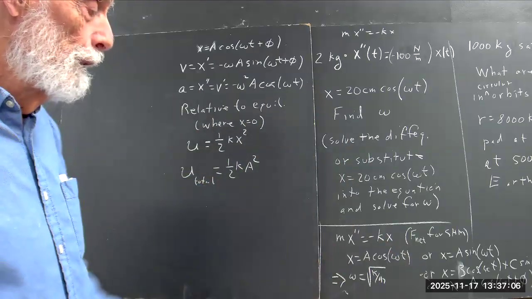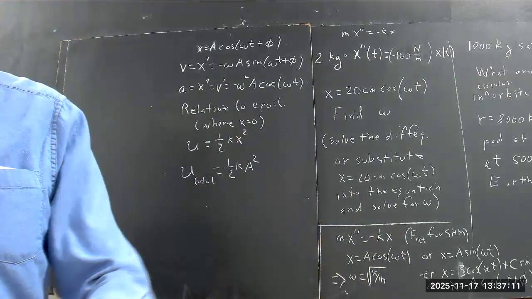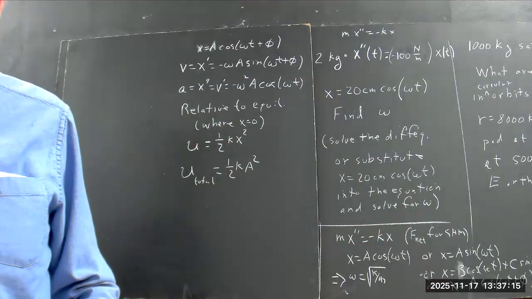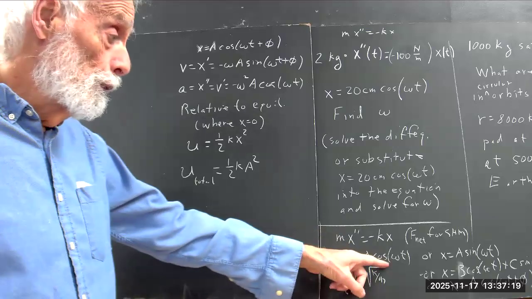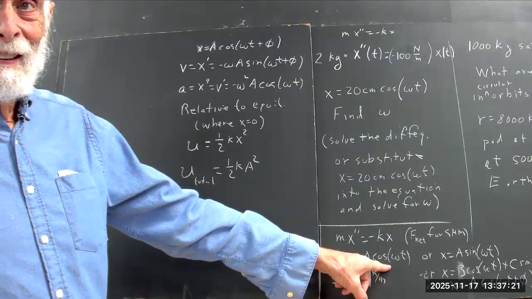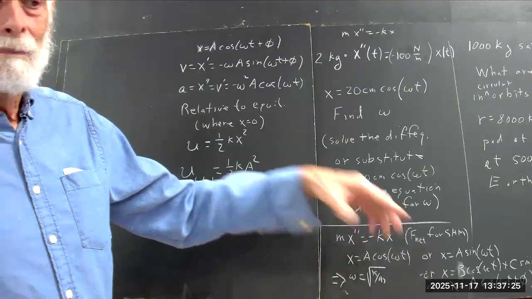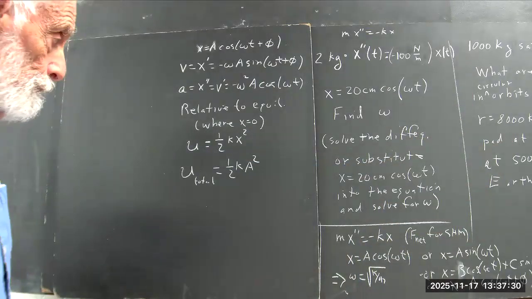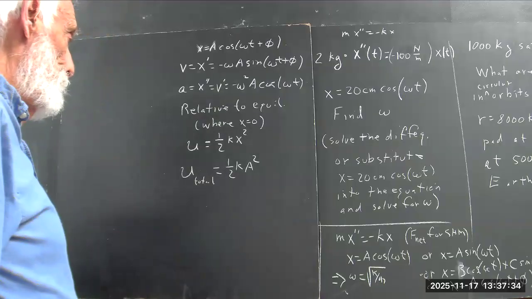A cosine of omega t goes from A to negative A back to A, because the cosine goes from 1 to negative 1 and so forth, right? Do we understand that? Cosine can be at most 1 and the least is negative 1, and it goes 0 in between. We understand the graph of a cosine. Okay, so there's your total potential energy.